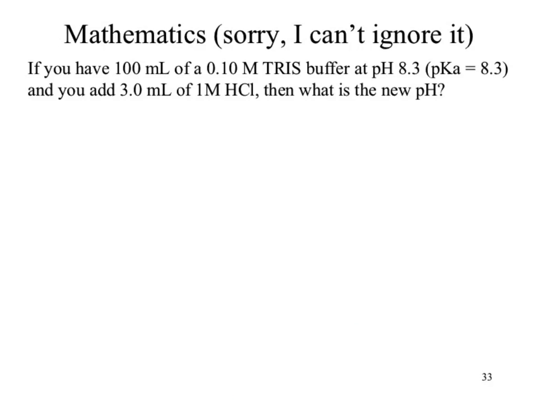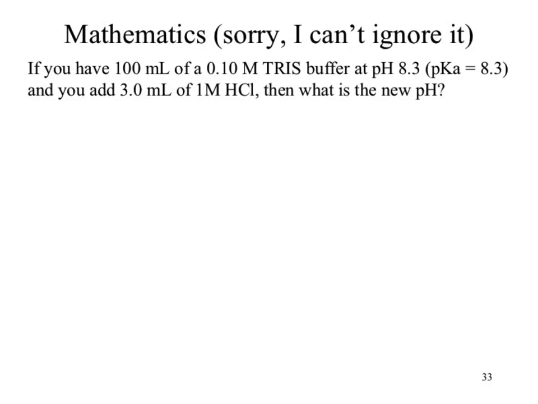So what you would be expected to do is take a situation like this. If we had 100 milliliters of a 0.1 molar tris buffer, so the buffers, which we'll talk about, usually have goofy names, really long, fancy, crazy names that we don't want to worry about.